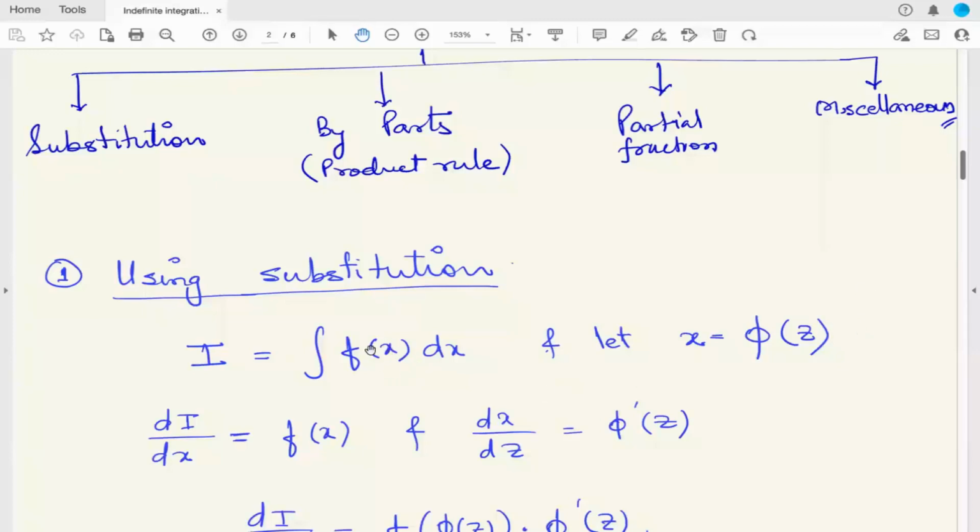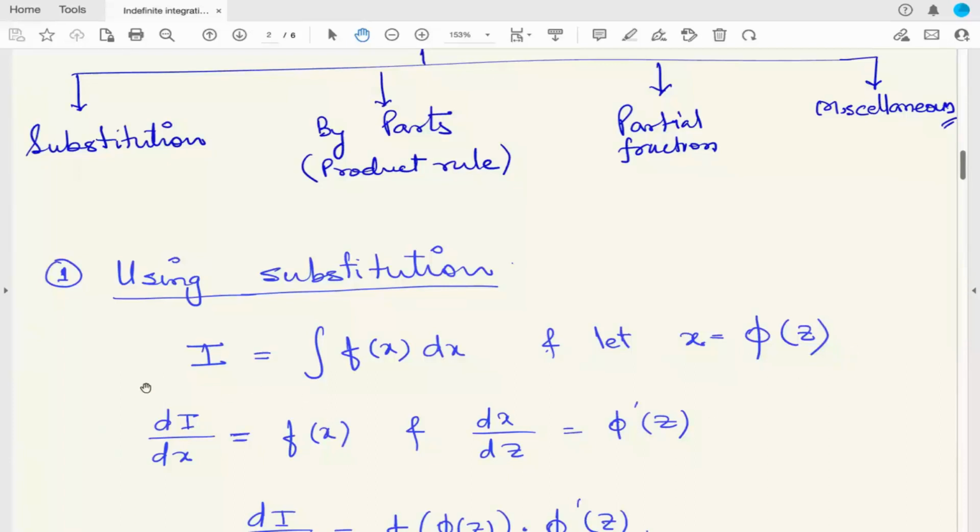Now when we substitute a value, we need f(x) in terms of phi(z) and dx in terms of dz, because if f is a function of x, its elementary element will be dx. If x is a function of z, its elementary element will be dz.